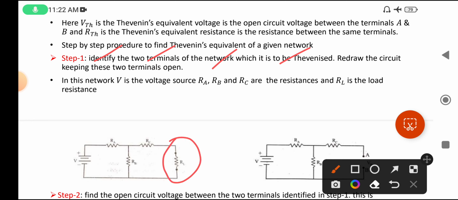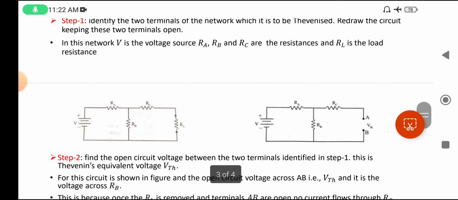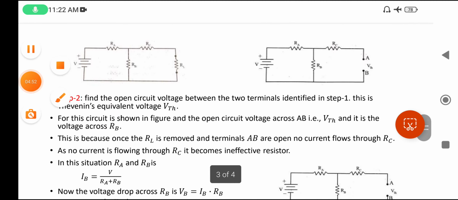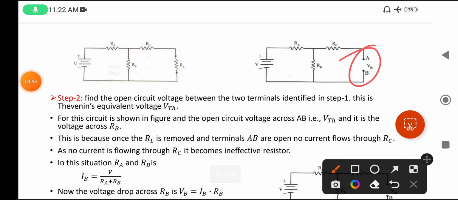Yes, I identified these two terminals, because I need the Thevenin's voltage here. Redraw the circuit keeping these two terminals open. That is why I kept it open. Open means no connection. Short circuit means you have to connect like this.